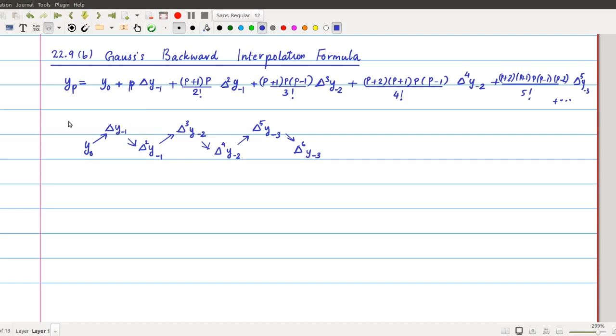If this is y minus 1, then in the next column we have delta y minus 1 here, and here we have delta y minus 2 in the table, and here delta square y minus 2. So we are neglecting these terms from the table, and we choose only this many values to evaluate this.